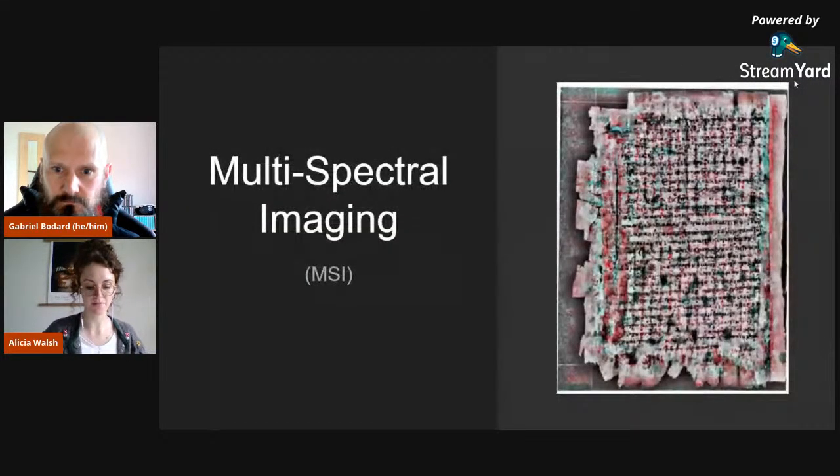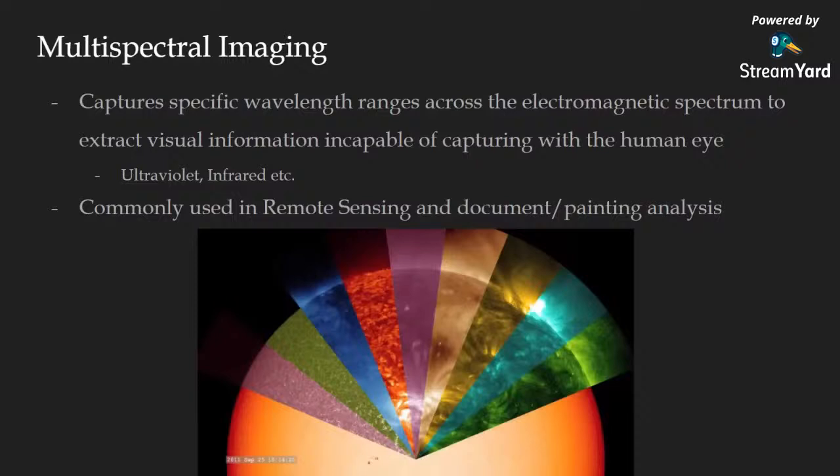Okay. So yeah, I'm just going to talk briefly about another 2D imaging application, which is multispectral imaging. So this captures image data within specific wavelength ranges across the electromagnetic spectrum. So it can allow extraction of additional information the human eye fails to capture with its visible receptors for red, green, and blue.